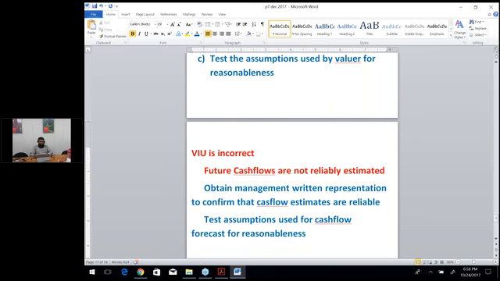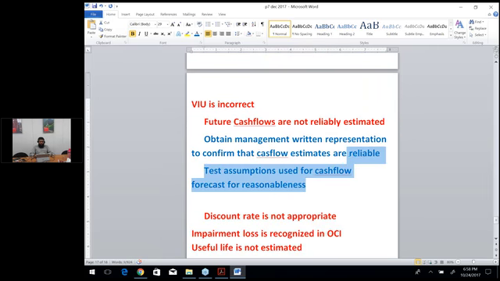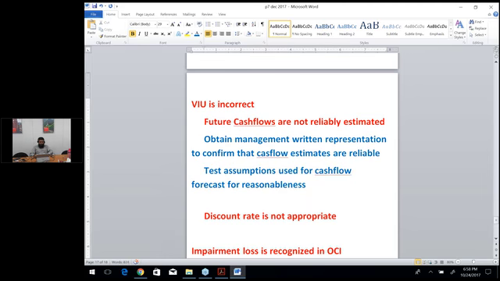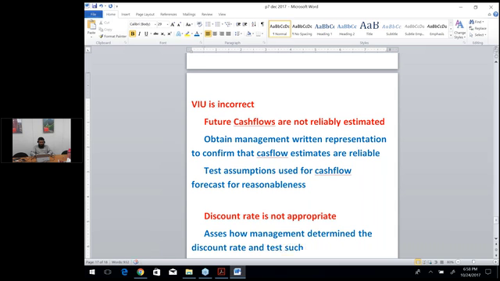If the discount rate is not appropriate, you would assess how management determined the discount rate and test such assessment for reasonableness.